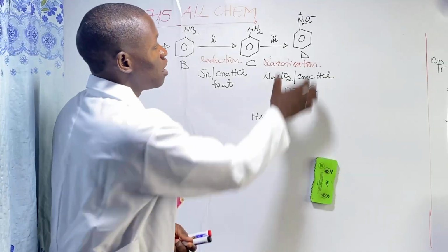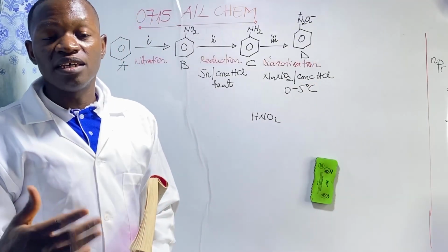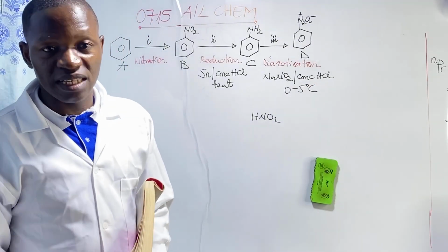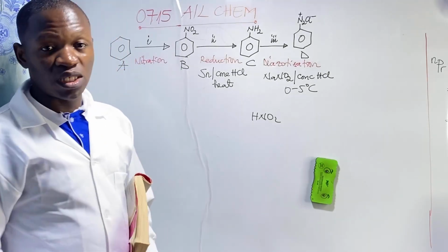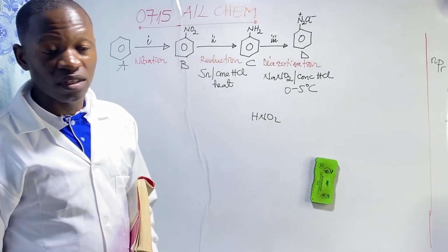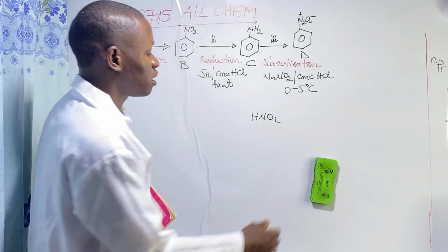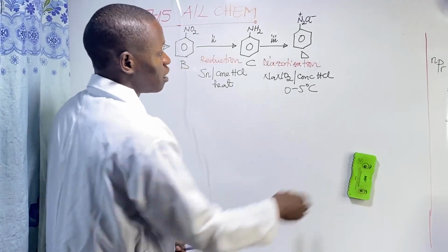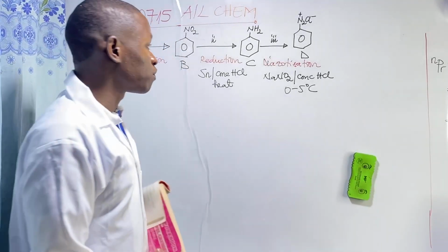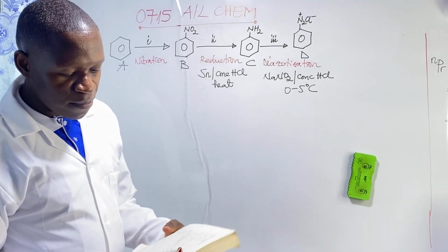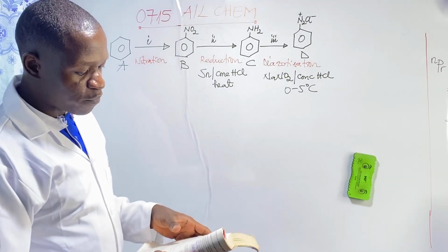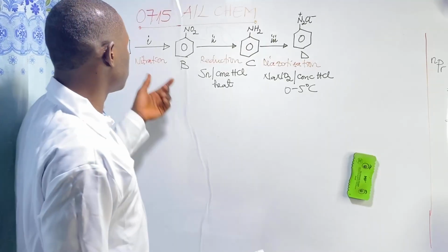As I earlier said, the diazonium group is a fast leaving group. So it is very unstable and can easily dissociate if temperatures are not maintained or regulated. The process is called diazotization.